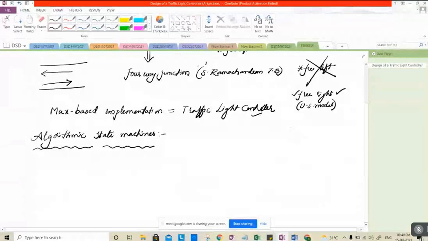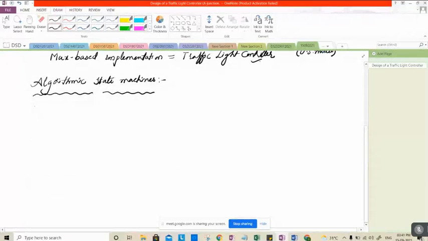So a small task for every one of you. As you might have drawn algorithms in your C language or Python language, on a similar note, you have drawn algorithms for combinational logic circuits also.